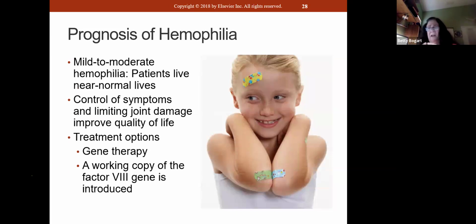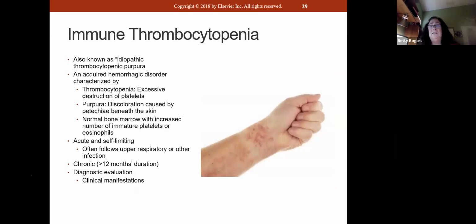The joint integrity is ruined. And now you don't have joints, and you're going to end up in wheelchairs, etc. So if they're bleeding, we teach them to get it corrected quickly to protect the joints. And we can do that. Again, it's teaching them how to do these things at home.